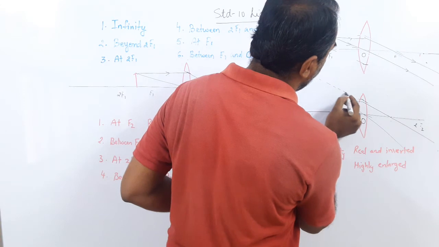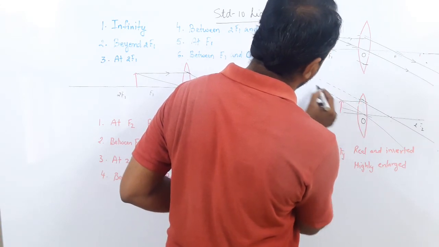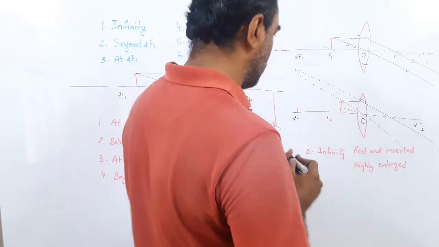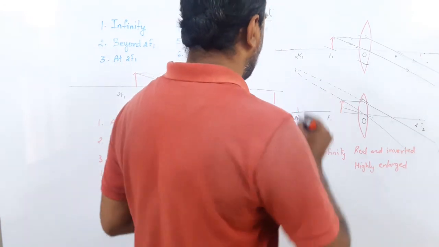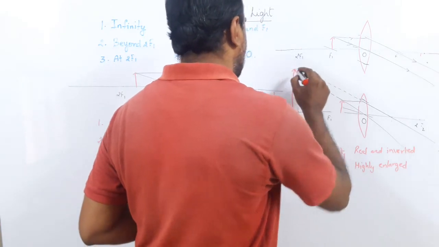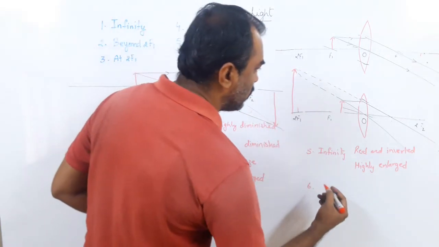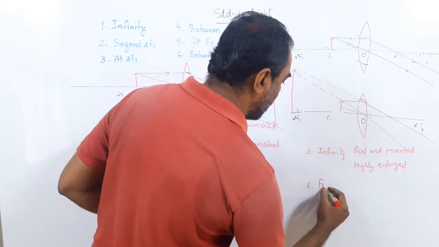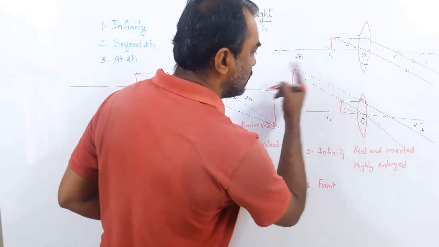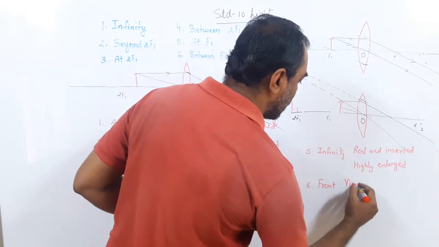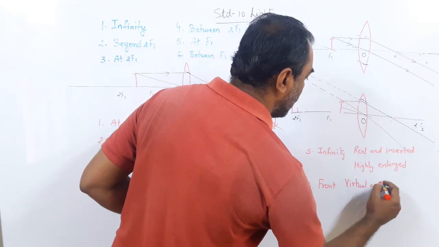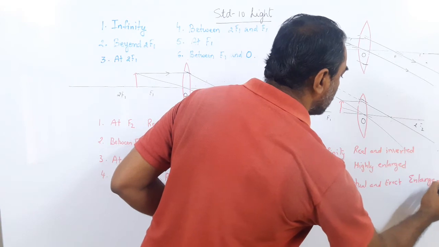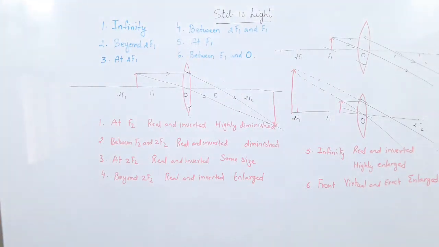So if you trace them backwards, they will meet at a point. So this time the image is formed in front of the lens. Now it is on the same side, so it's virtual and erect, and it is enlarged.